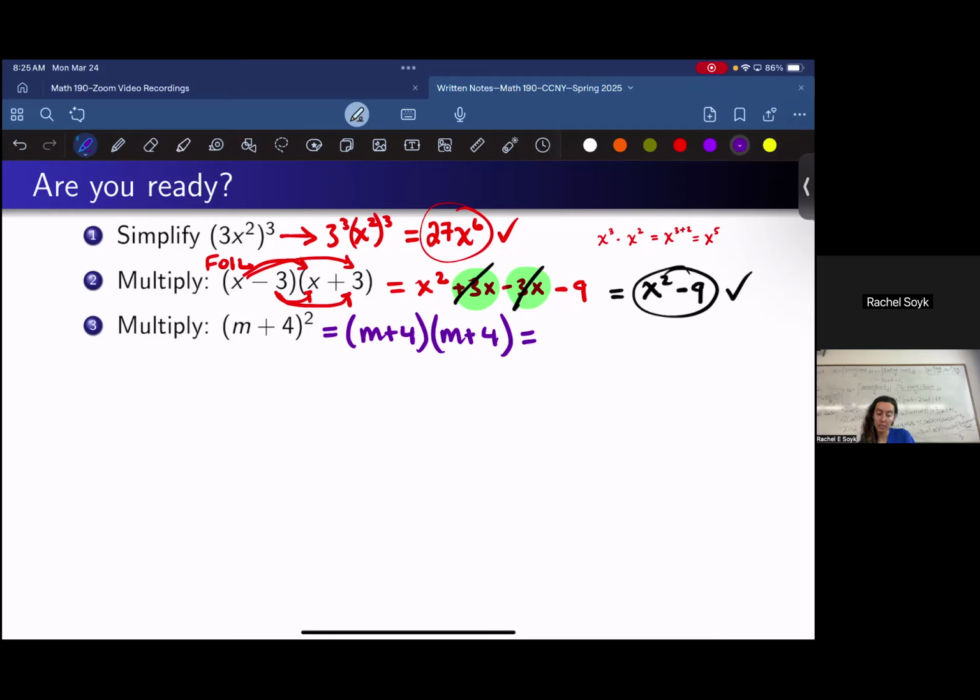So we could technically do it in our head at this point instead of foiling. Our first term, m times m is m squared, and then we have this 4m that we just double. What's 4 plus 4? 8. So we have that plus 8m. And then our last term, 4 times 4, is our constant, which is that plus 16.